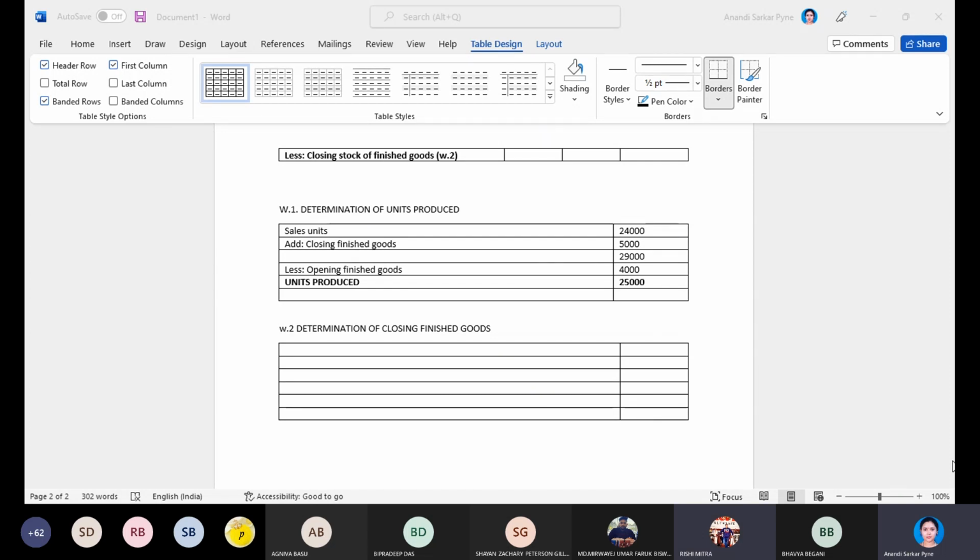So closing stock of 1,000 is left out, and opening stock of 4,000 is also there. The value of opening stock we know is 36,000, and the production unit is 1,000. So 1,000 multiplied by 9.6 will be 9,600. If we add 9,600 along with 36,000, what we get is the closing stock value.